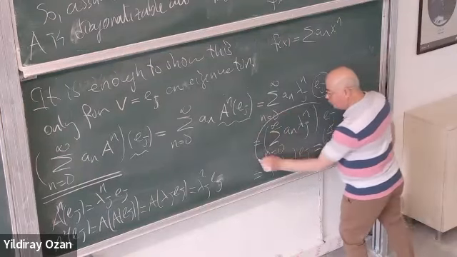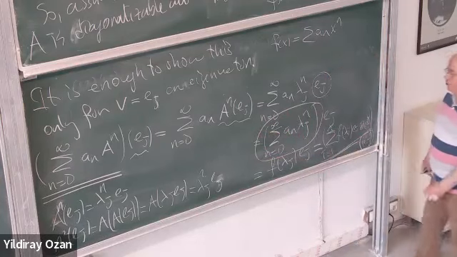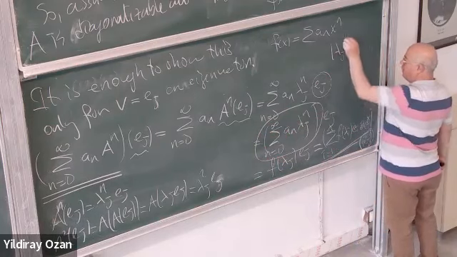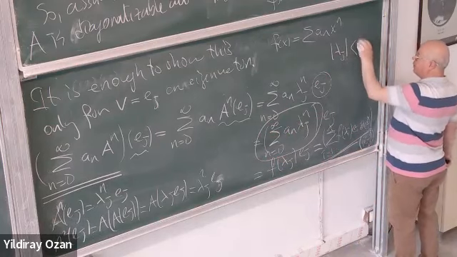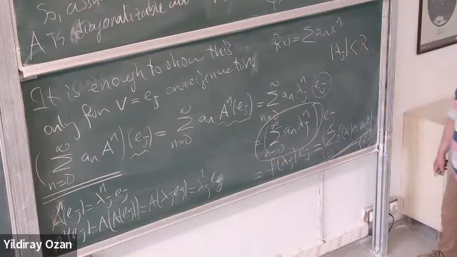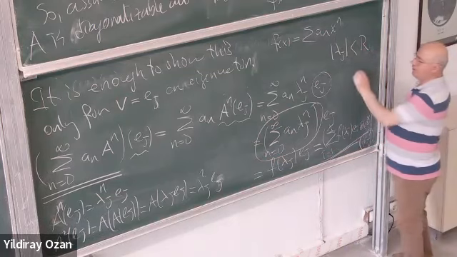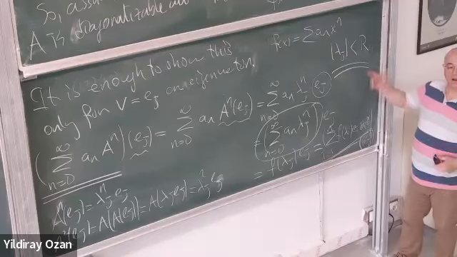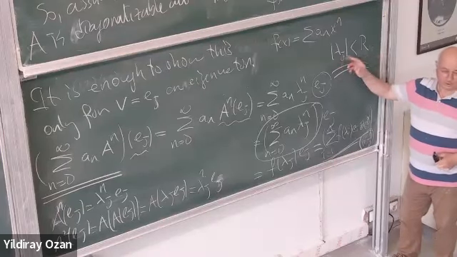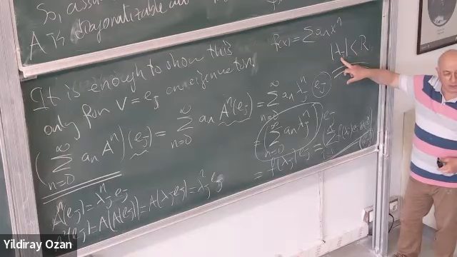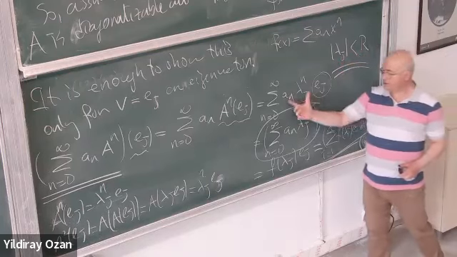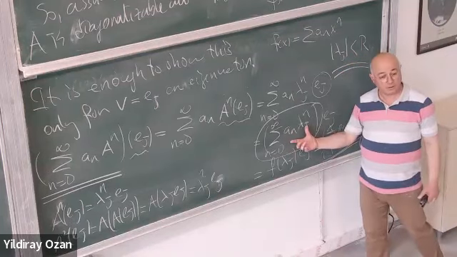For this thing to be convergent, of course, we have to have what? This number lambda j has to be less than the radius of convergence. So if your eigenvalues have norm, they can be complex numbers. If the norm of each eigenvalue is less than your radius of convergence, then this summation is convergent.